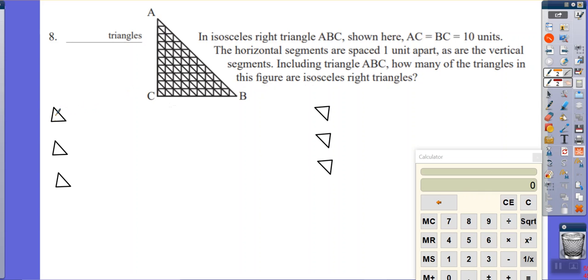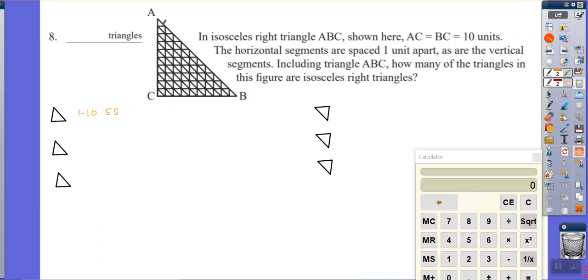So for triangles facing this direction that have a side length of 1, we're just going to add the numbers 1 through 10. And when I add the numbers 1 through 10 together, I get 55.